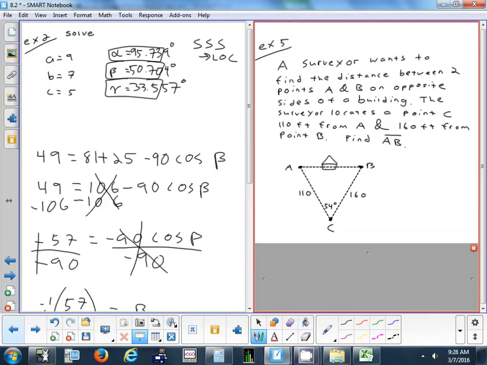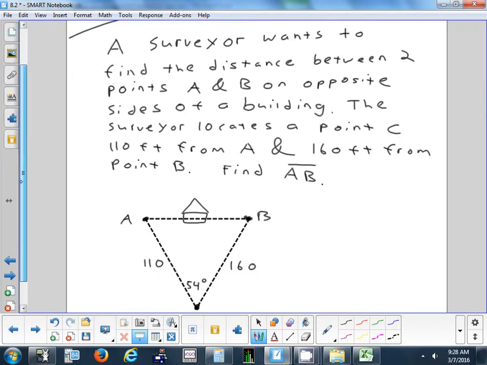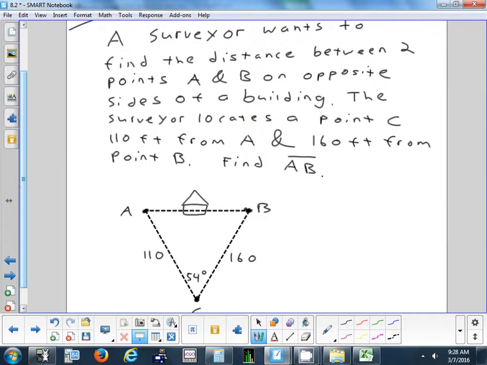All right, so this one says a surveyor wants to find the distance between 2 points on either side of a house. And the surveyor has measured the distance from point C to A to be 110 feet, and from that same point to B is 160 feet.